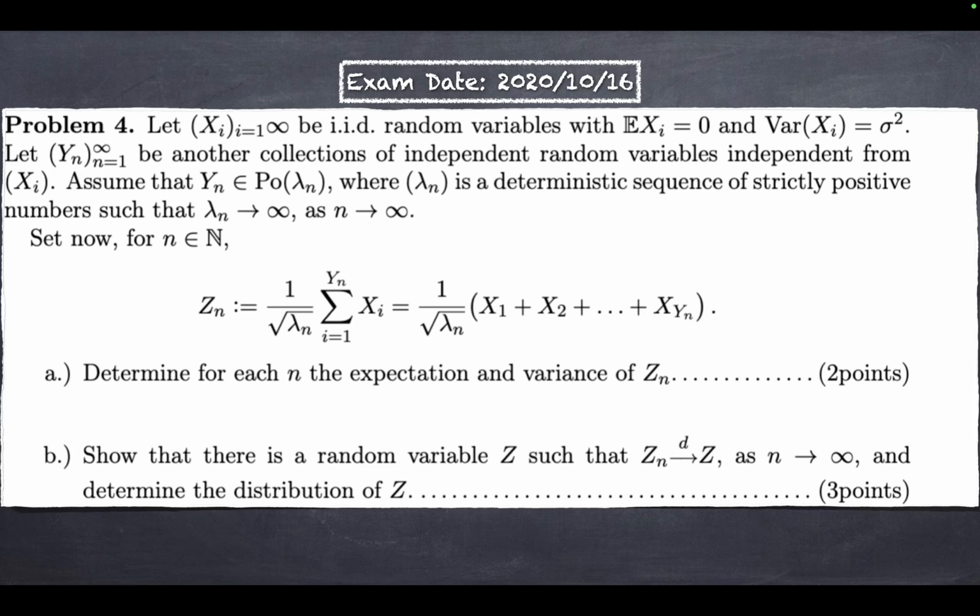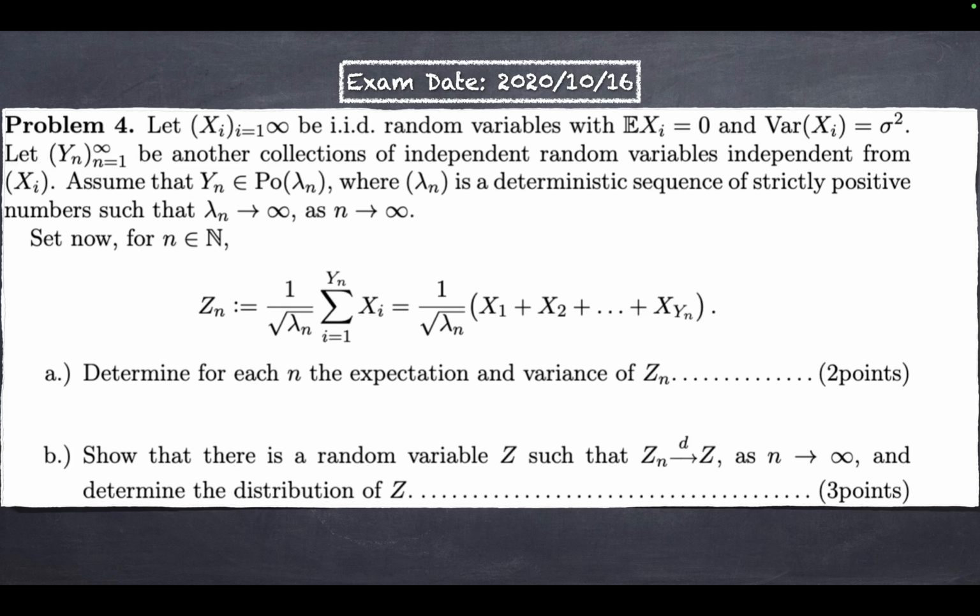So the Xi's are IID, identically distributed, but the Yn's are not identically distributed. They are just independent from one another and independent from all X's. Lambda n is a deterministic sequence of strictly positive numbers such that lambda n goes to infinity as n goes to infinity.